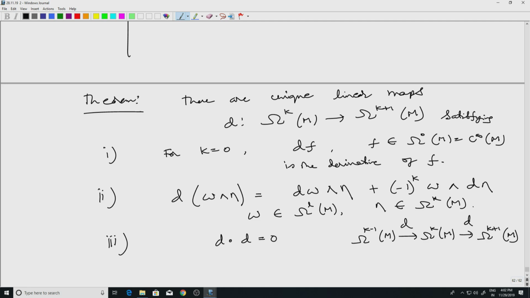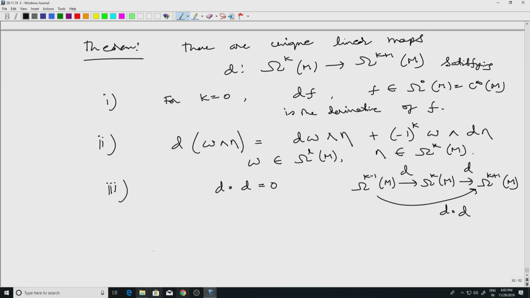But if we use the same notation d for both, then what we want is that this map composed with this map, the resulting map, is identically the 0 map. Now this is kind of hard to explain if you think of d as a derivative operator.